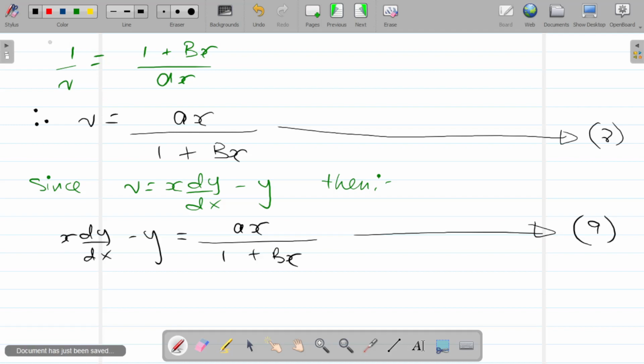So we divide both sides by x. Let's make that look more like a division sign.